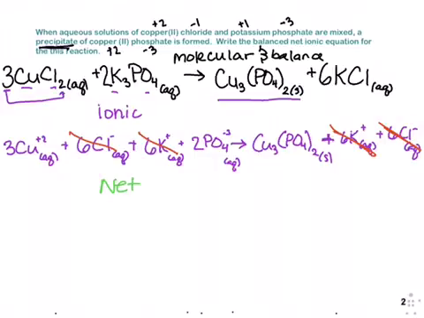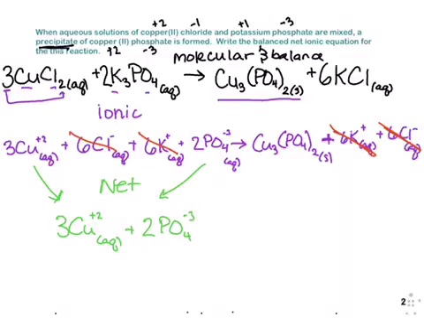Although I do like what Cora brought up, try to write the positive ion first. So here we have 3 copper 2 plus aqueous plus the 2 phosphate 3 minuses aqueous, and it produces the copper 2 phosphate precipitate.